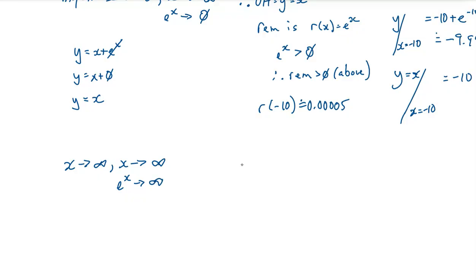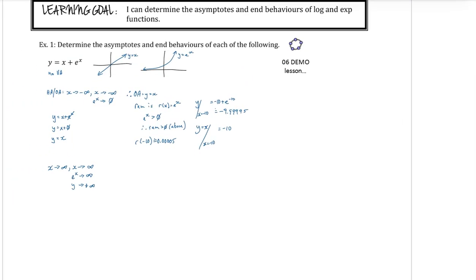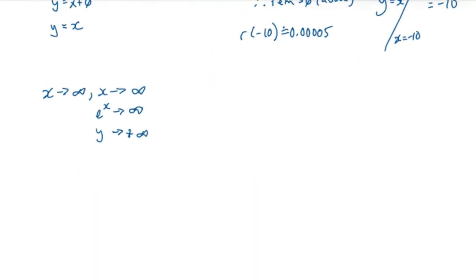So what does y do? You've got a really big number and you're adding another really big number. It's just going to infinity, right? So I would say that one's kind of done. You could test it. Let's do it. Why not?